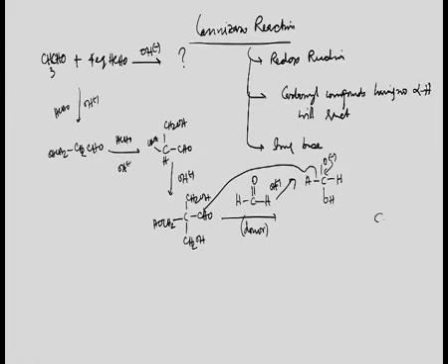So, you get this as the product, CH2OH. This CH2OH came from Cannizzaro and the other 3 came from the Aldol. So, this is the symmetrical molecule.